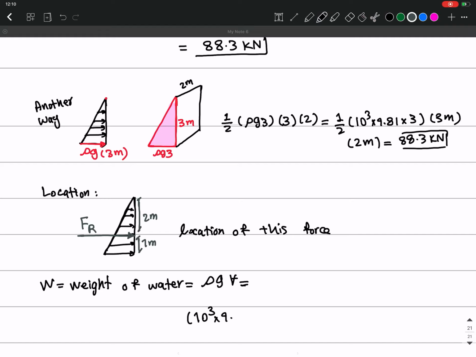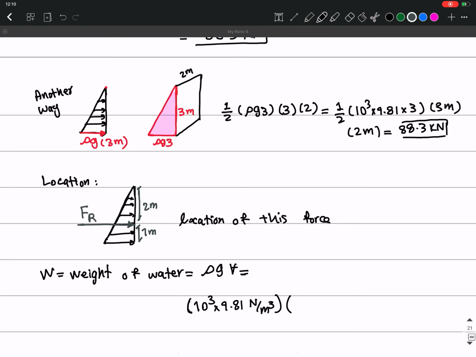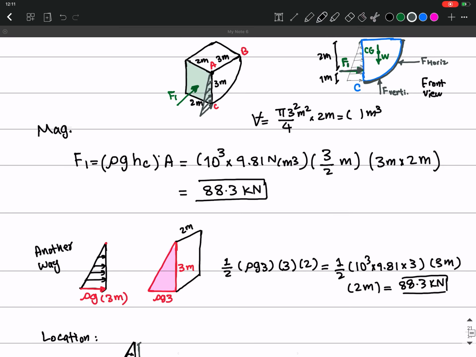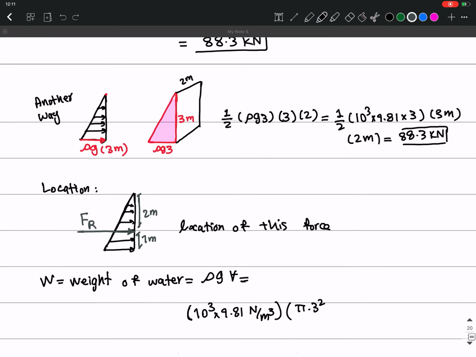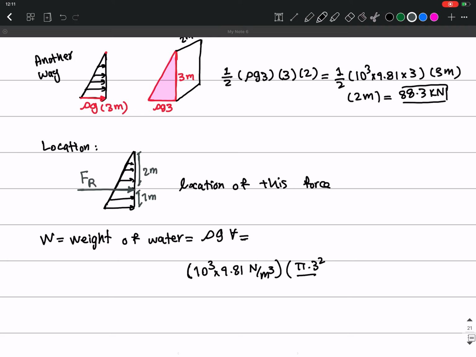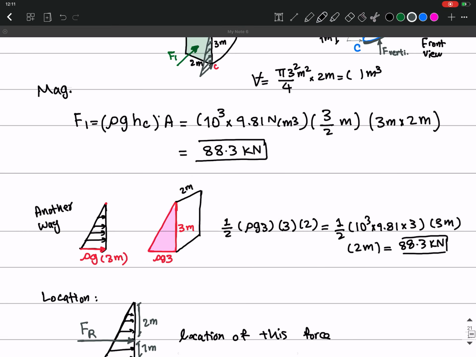Then we have 9.81 Newton per meter cube. And then we have the volume, which I have to multiply. So the volume is gonna be pi times 3 square, which I have here, over 4 meter square, and then times 2 meters.